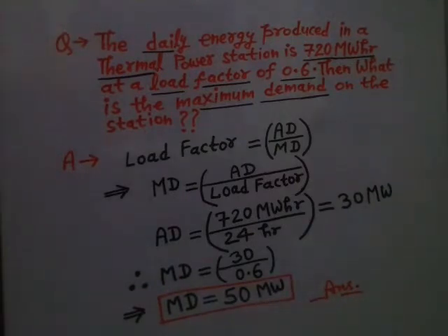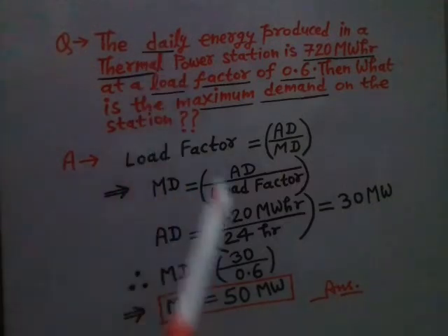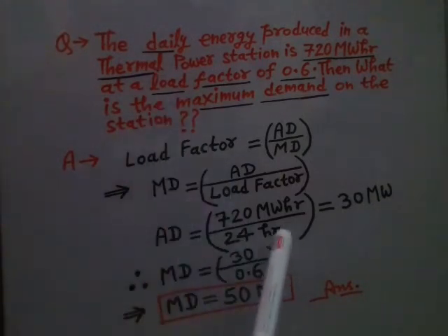Now had it been the monthly load curve, right, then you would have divided by the total number of hours in a month, instead of 24, right? So since in the question it is a daily load curve, you have divided it by 24 hours.